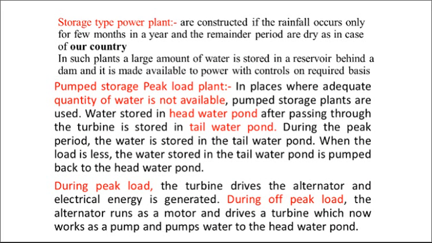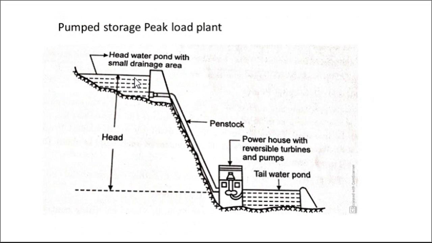When the water flows from the head race to the tail race, electricity is generated. This is during the peak period, and during the off peak period, the turbine will be acting as a centrifugal pump, and it will lift the water from the tail race to the head race. This is the pump storage peak load plant.